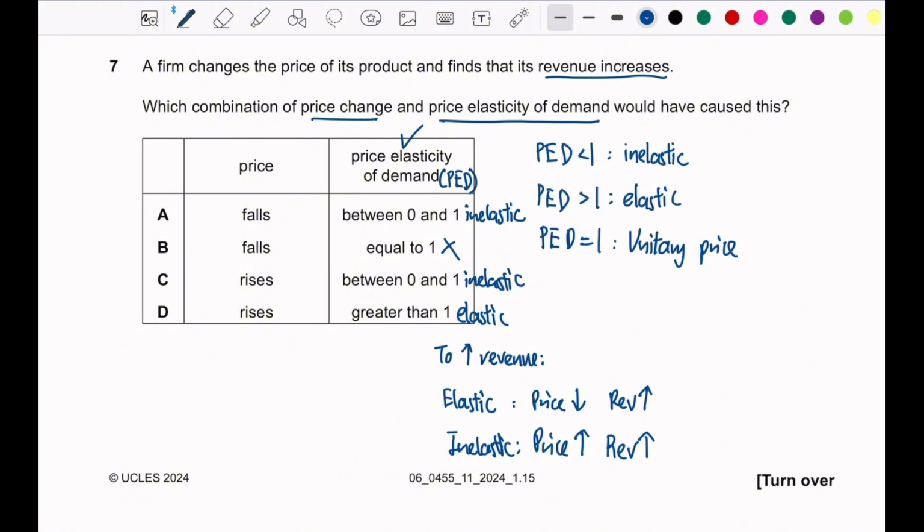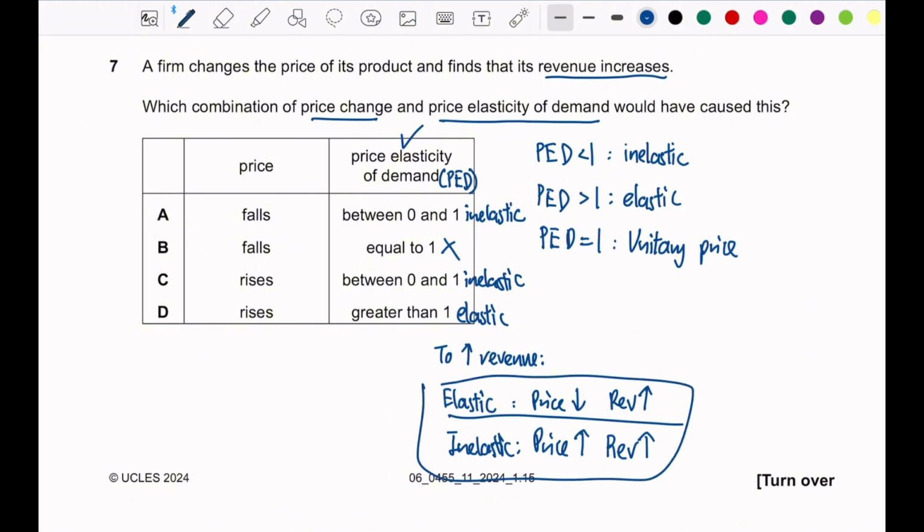This is the case for a price inelastic product. However, when the product is price elastic, which is the first one, consumers are very sensitive to price changes. So the firm needs to reduce the price to encourage consumers to buy, and therefore increase the revenue.